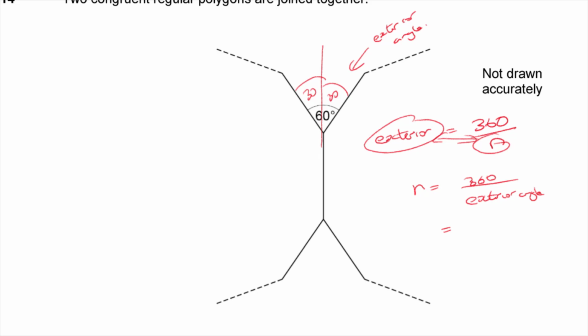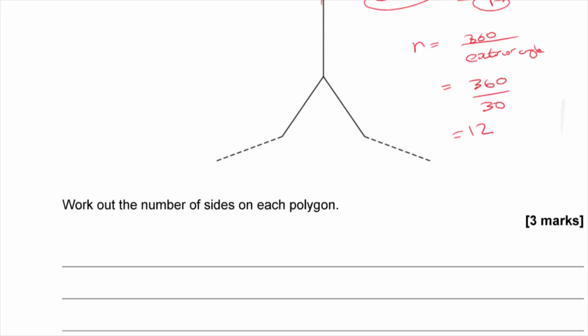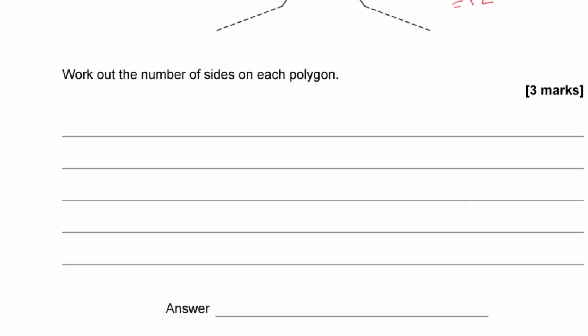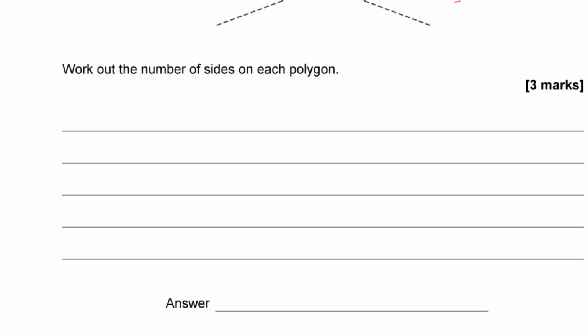In other words, it is 360 divided by 30. So how many times does 30 go into 360? 12 times, I think. So this has got to be a 12-sided polygon. 12.